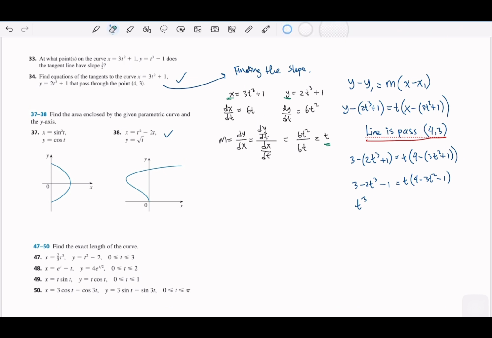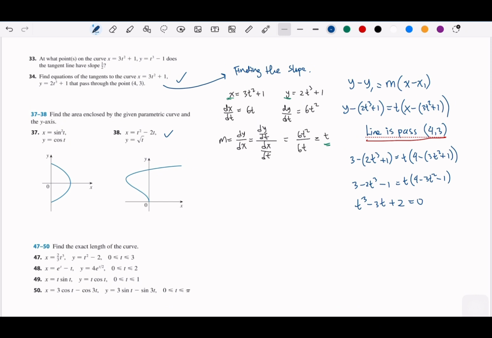Sorry, this should be 4t minus 1t is 3t, so minus 3t, and then 3 minus 1 is 2, so plus 2. Now we have the cubic t cubed minus 3t plus 2.